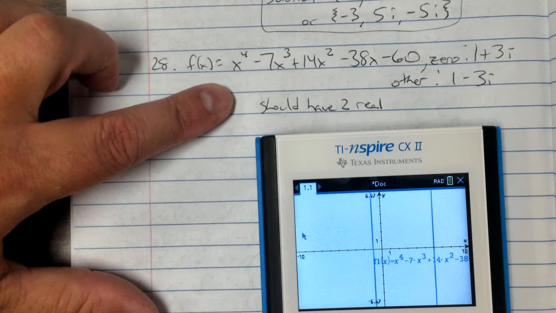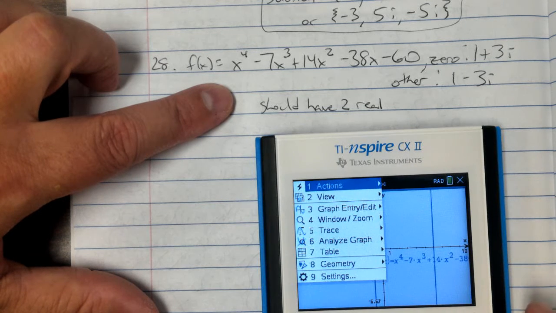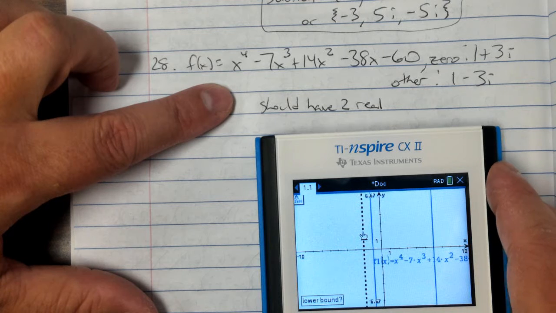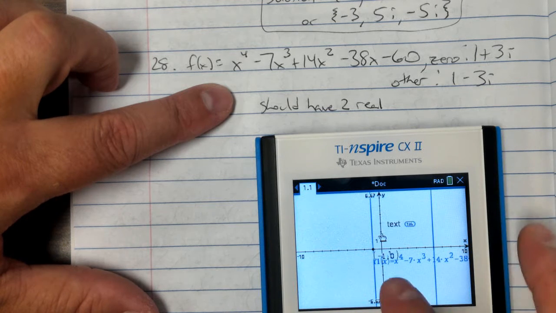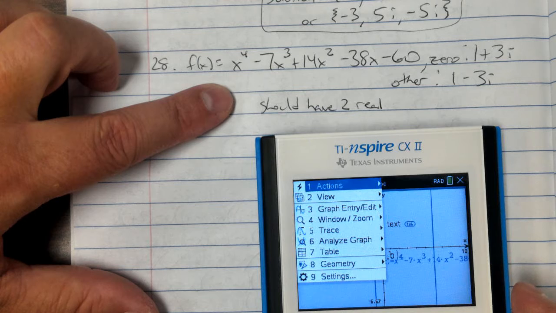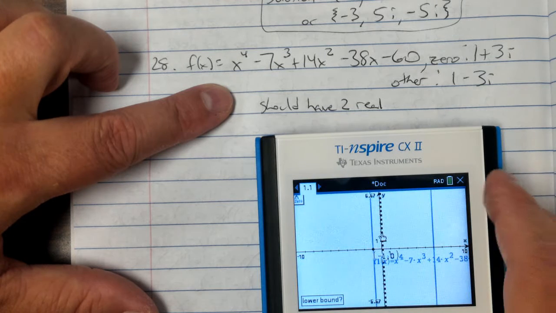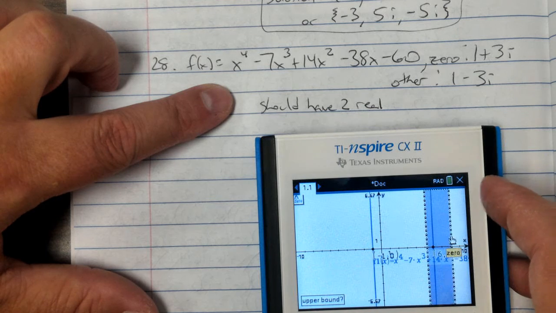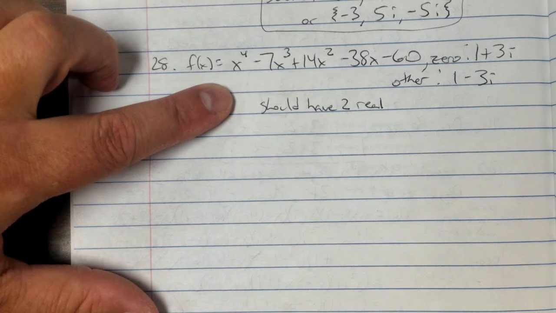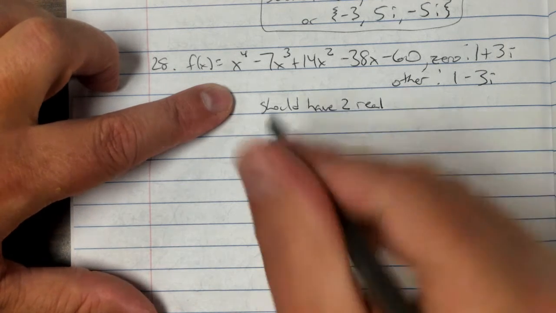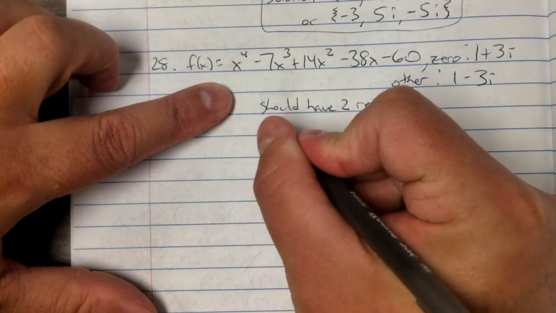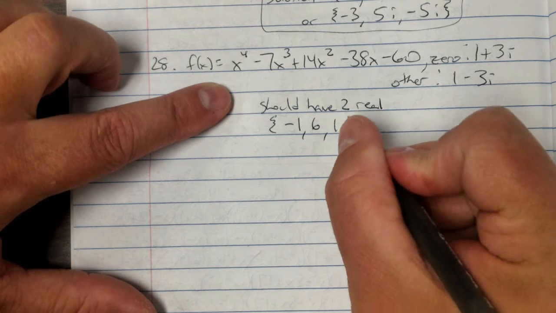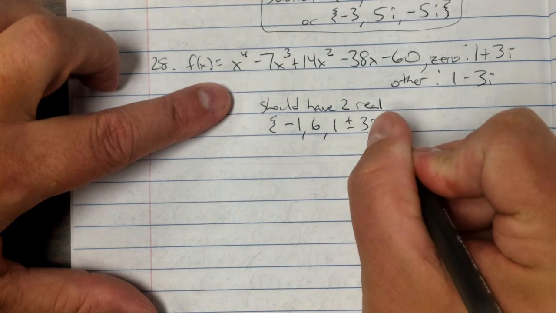Okay, so then let's get our roots. So between here and here, negative 1, 0, and between here and here is 6, 0. So it's going to have negative 1, 6, and then 1 plus or minus 3i.